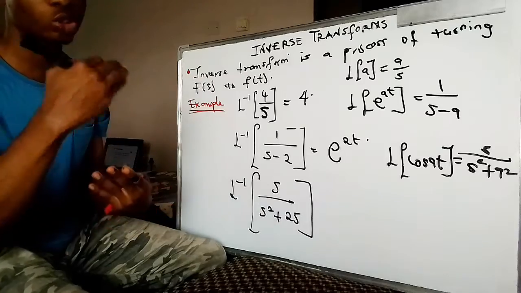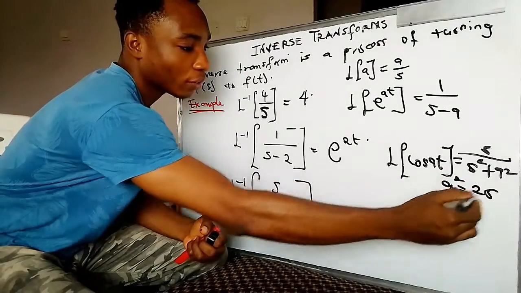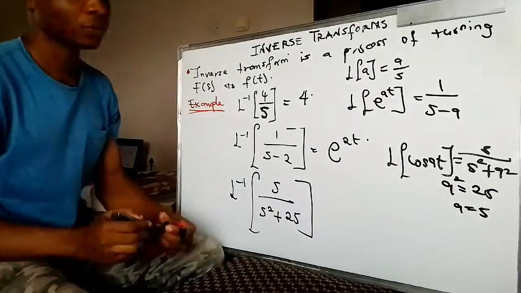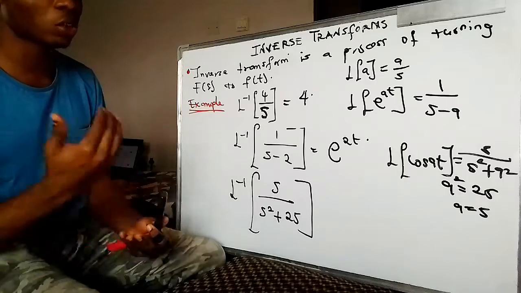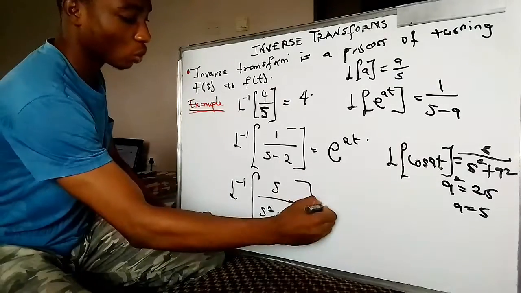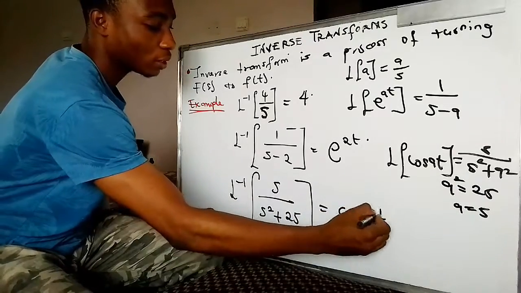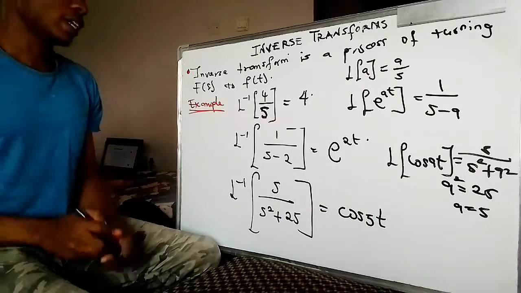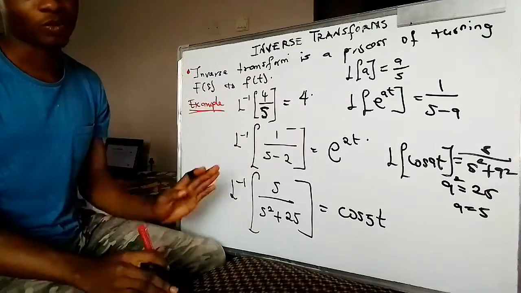So if a squared is equal to 25, that means a is equal to 5. So to take this back to the original function of t, which is a cosine function of t, will be cos of a, which is 5, so cos 5t. I hope you guys understand this first stage of how to get the inverse transform of Laplace transformation.